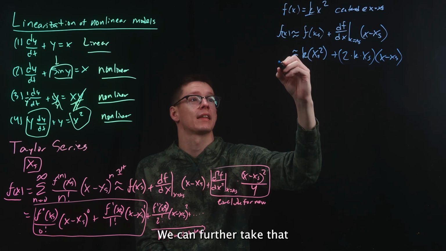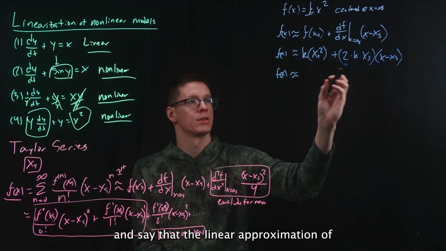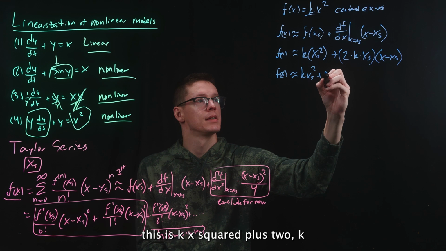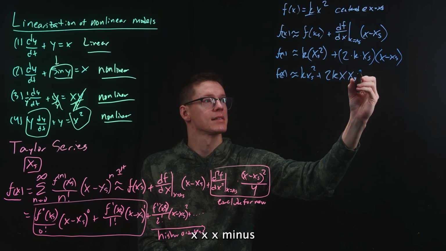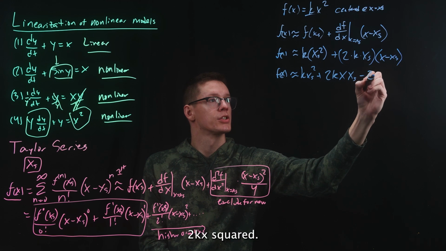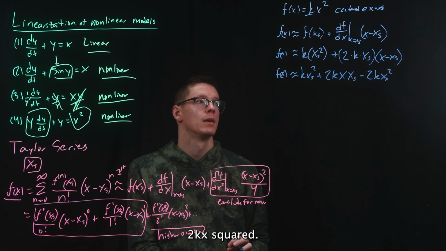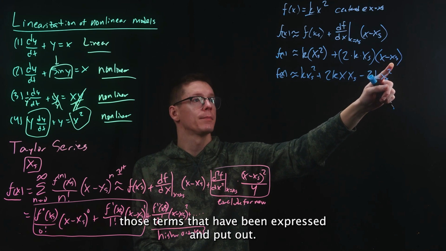We can further take that and say that the linear approximation of this is k xs squared plus 2k xs times x minus 2k xs squared. So we have those terms that have been expressed and pulled out.